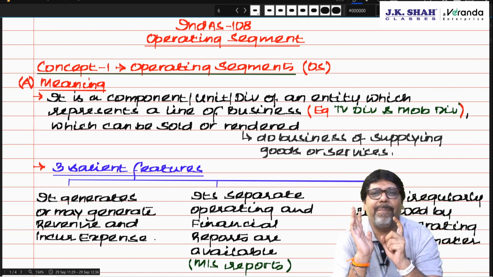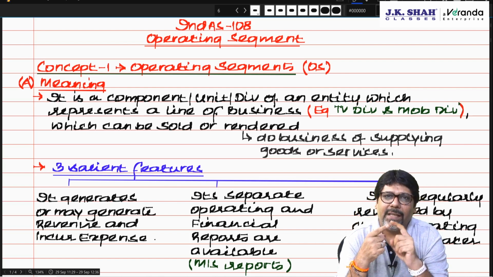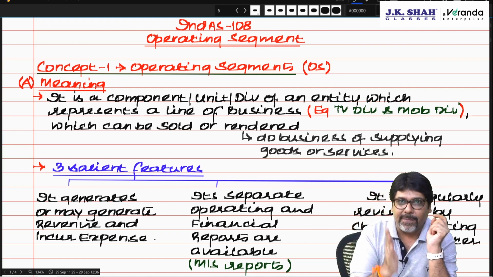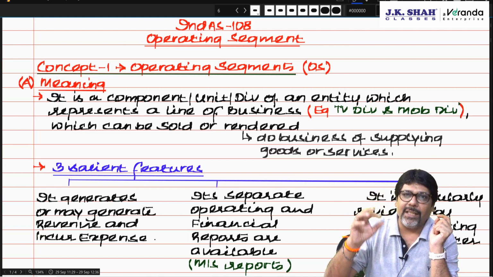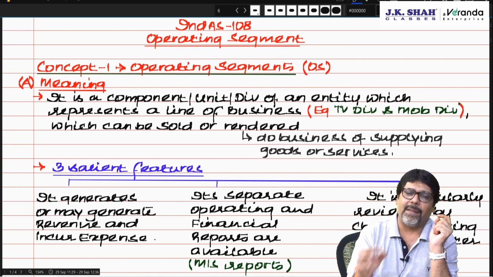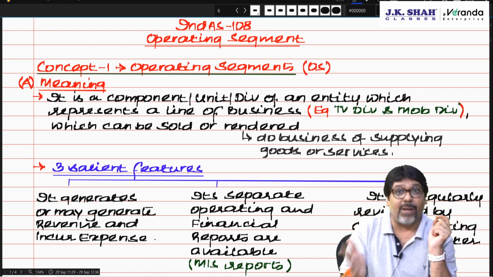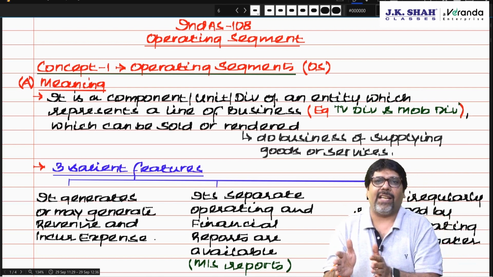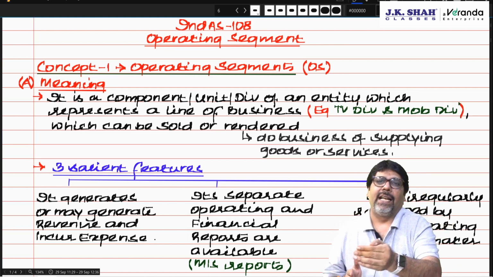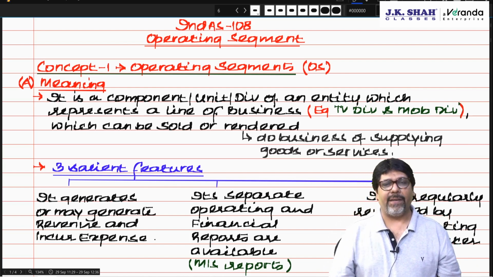Those are known as MIS reports, that is Management Information System reports. If you look into the reports carefully, you will come to know each report is talking about a separate line of business, and that is how we come to know that each MIS report is hinting to a different segment.